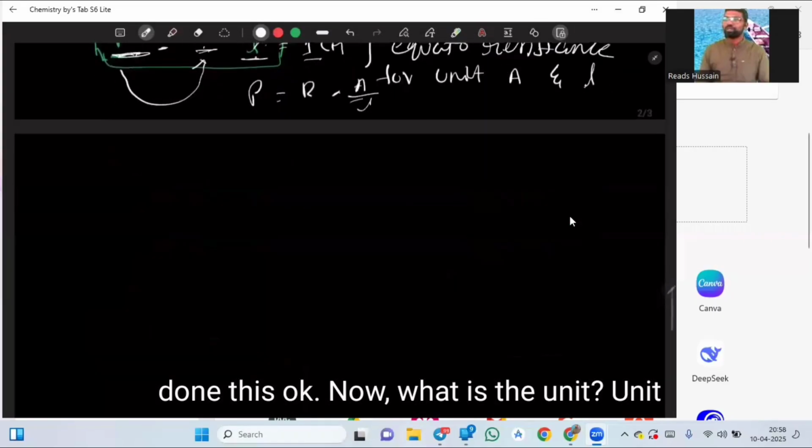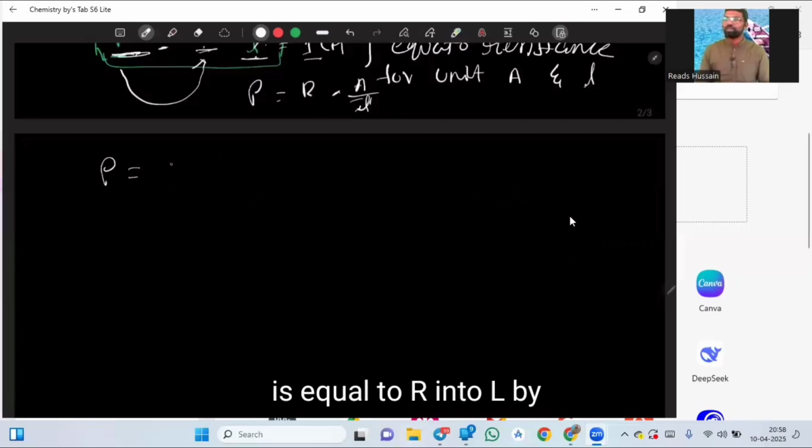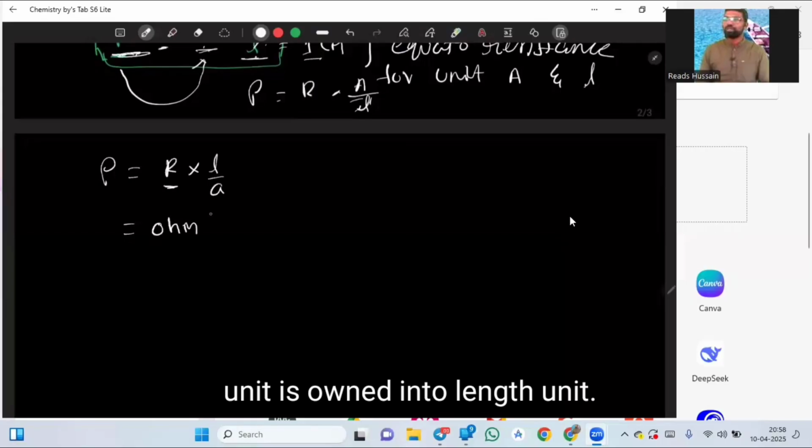Note down this. Now, what is the unit for rho? Rho is equal to R into A by L. What is the unit for resistance? Resistance unit is ohm.